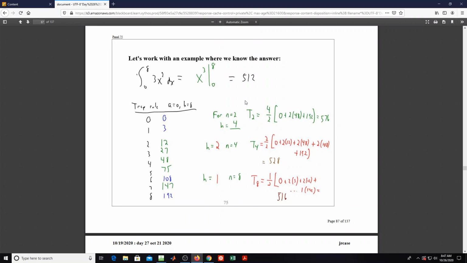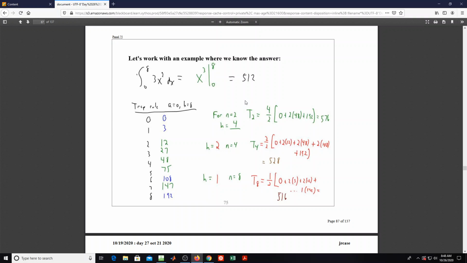And if I have h equals 2, how many subintervals do I have? 4. And if I have h equals 1, I have how many subintervals? 8. So if I use the trapezoidal rule with h equals 4, put in 4 squared times 3 is 48, and I get 576, which is not so good as 512.